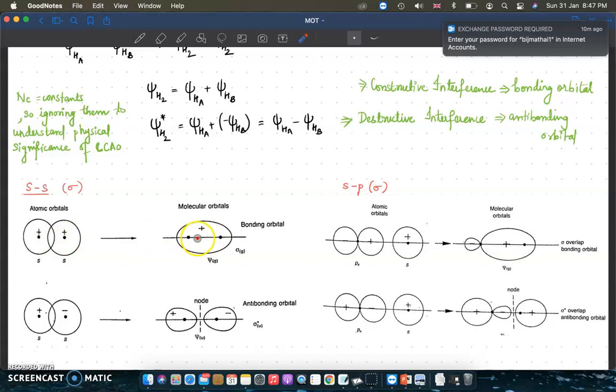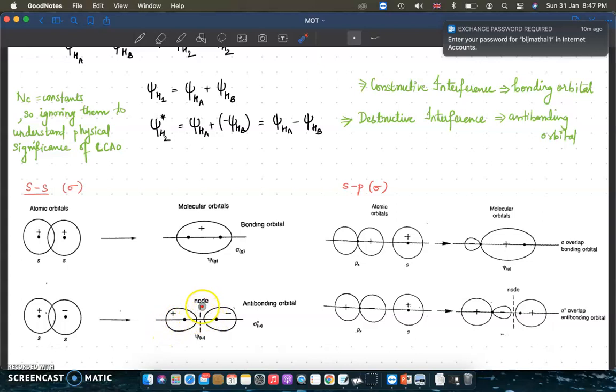So a positive overlap leads to a bonding overlap. In the same way, when there is a head-on overlap, it leads to sigma bond formation, which has been borrowed into the molecular orbital theory. When the orbitals overlap in a head-on fashion, it leads to a sigma molecular orbital. That part has been borrowed from the valence bond theory. Now when the two wave functions are opposite or out of phase, it leads to an anti-bonding orbital.